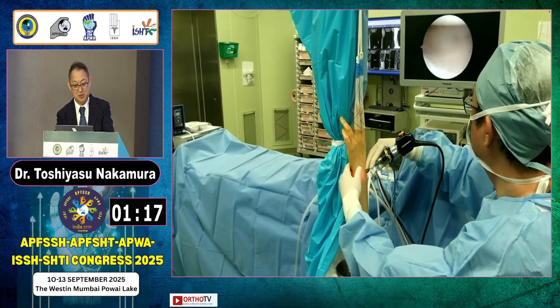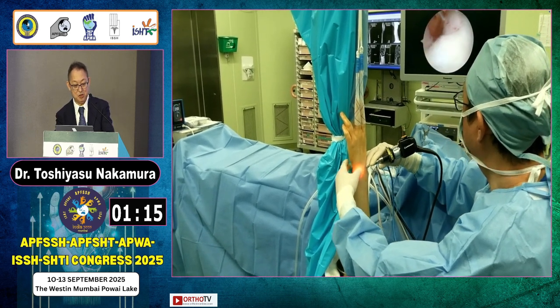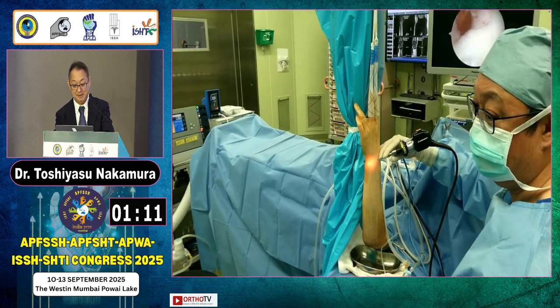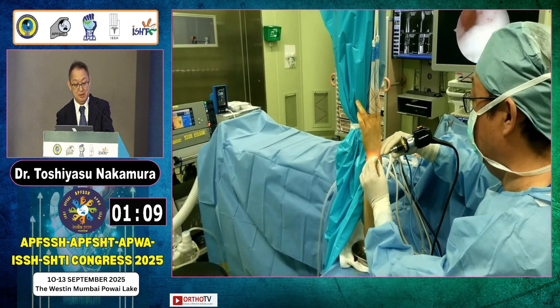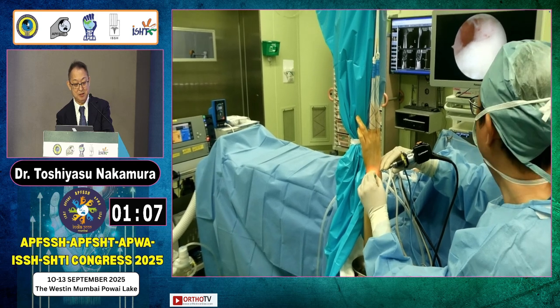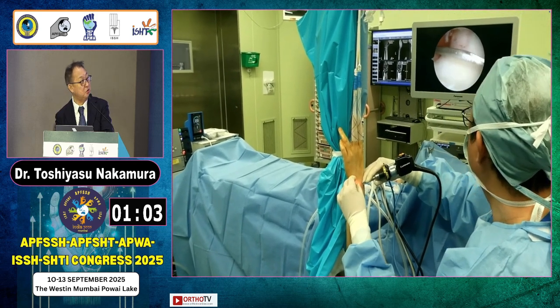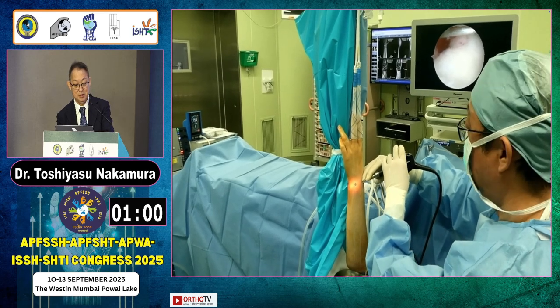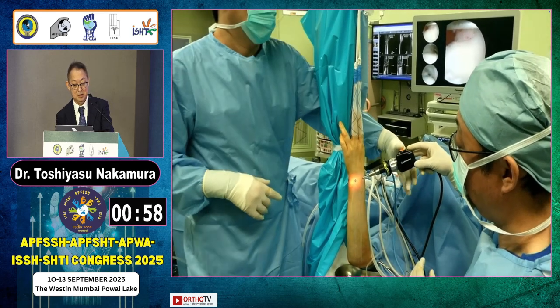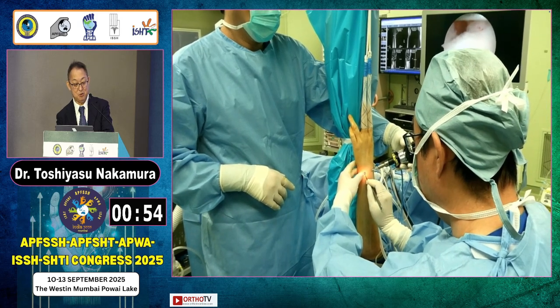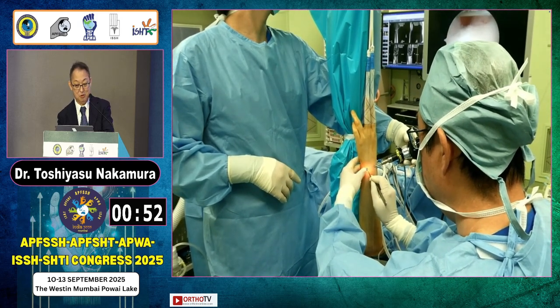For capsular repair, I actually like this position. Then I found that there's a peripheral tear. Then I pass from the ulnar side. I checked the position of where to repair. Then I cut the proximal side to open it.